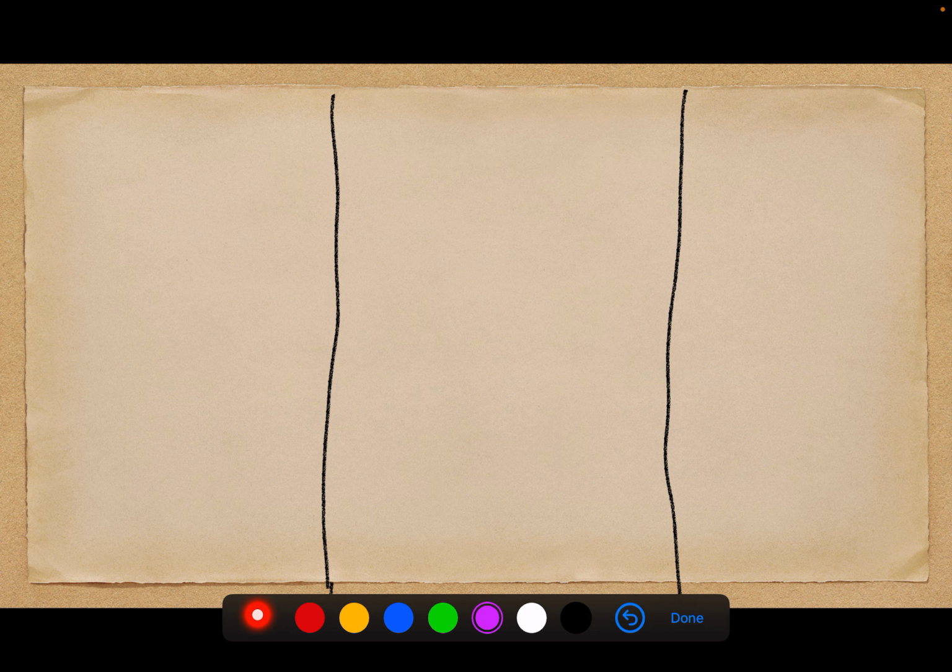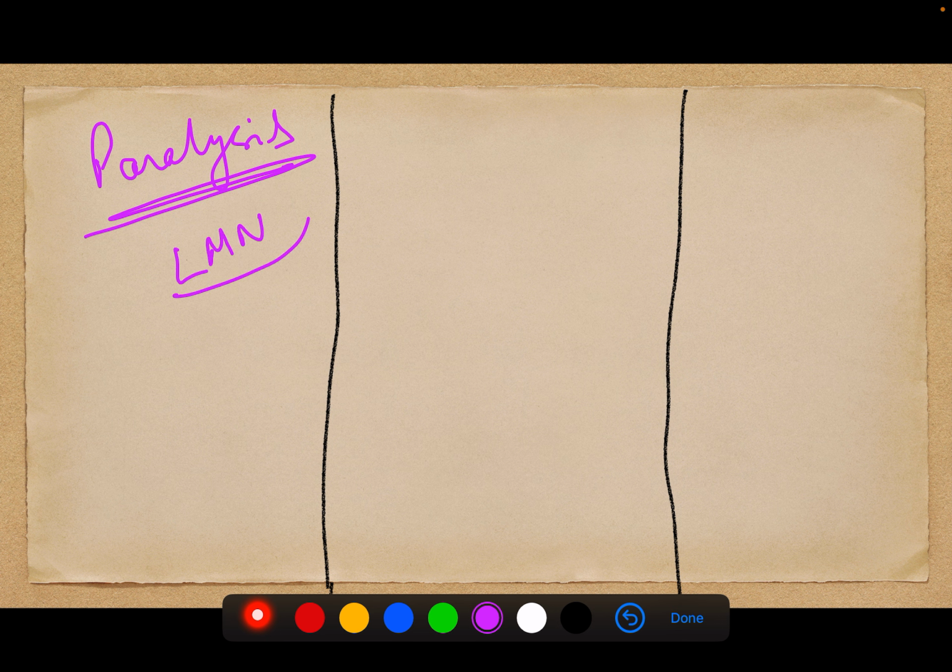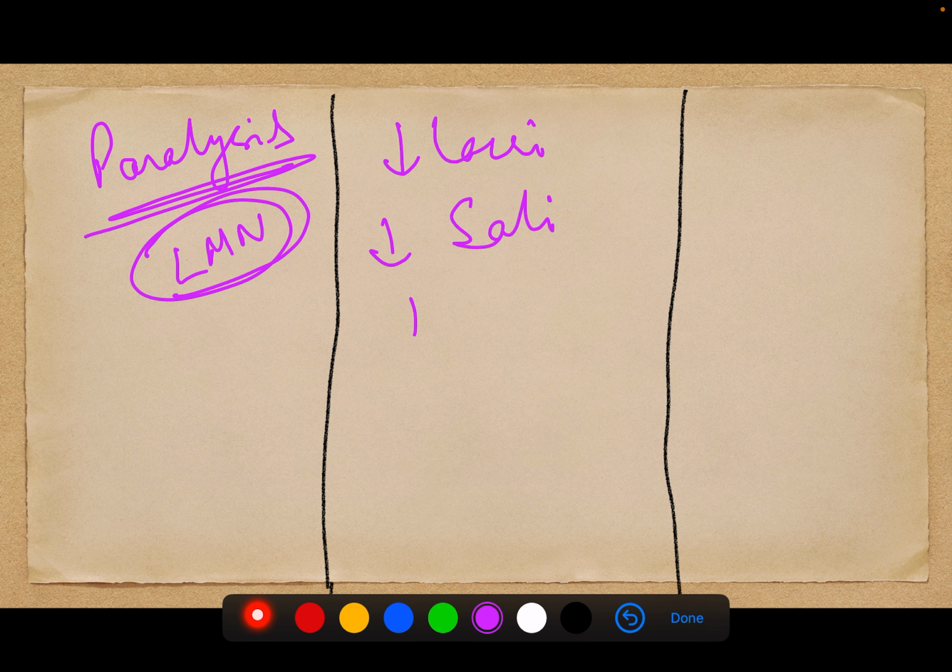Now, what will be the symptom in the facial droop? There will be paralysis of the face, right? And because the facial nucleus is getting affected, there will be a lower motor neuron lesion of the facial nerve. There will be reduced lacrimation, reduced salivation, reduced taste from the anterior two-third of the tongue.